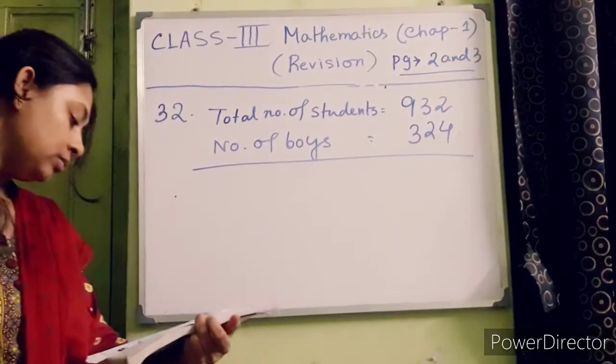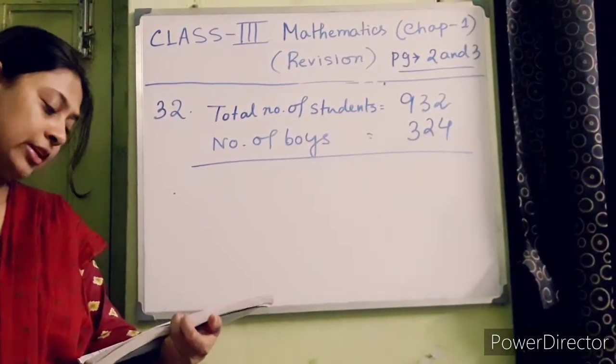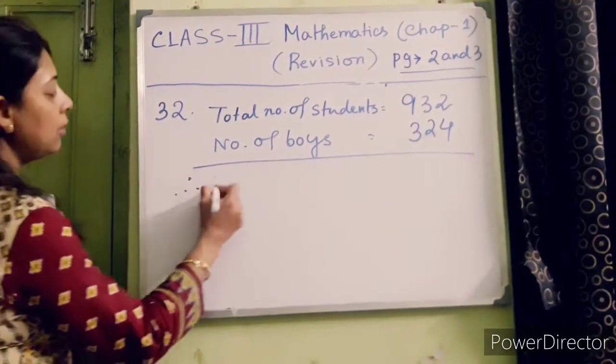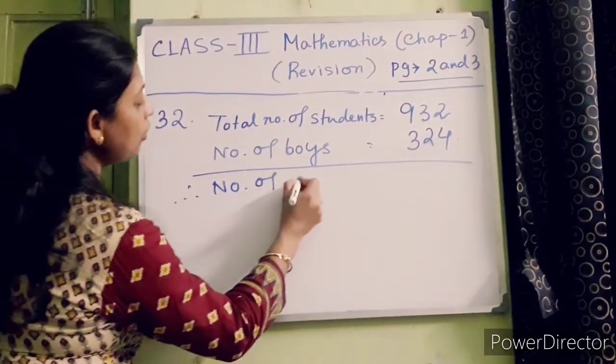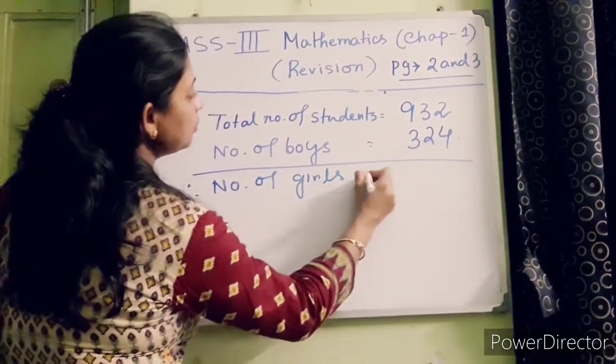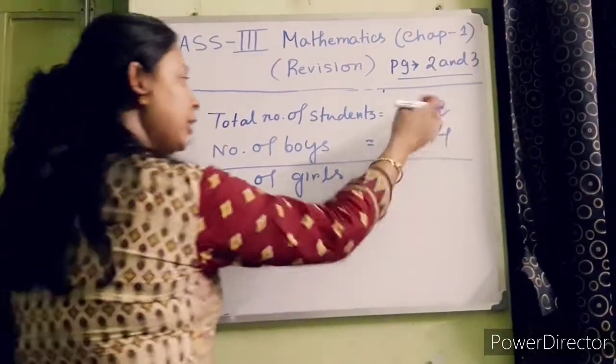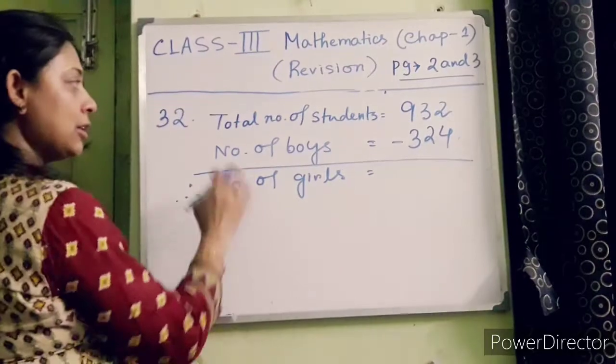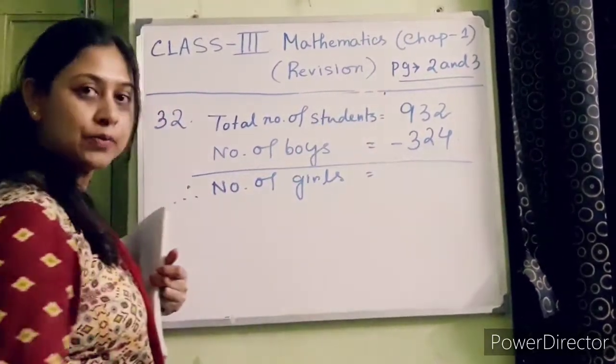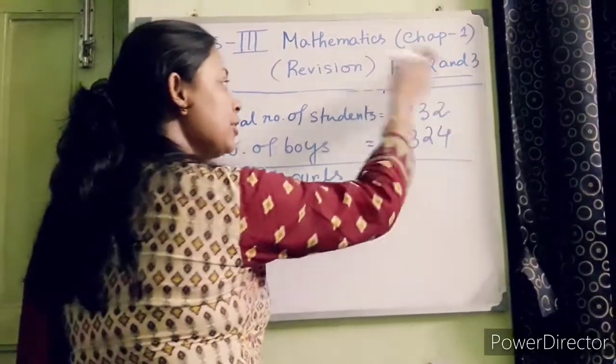So how many girls are there? Therefore number of girls: when you find out how many girls are present in the school, you have to subtract, because the total number is already given here.